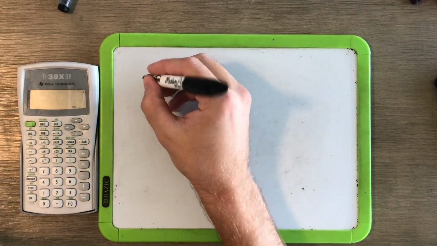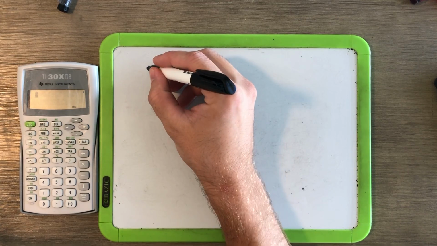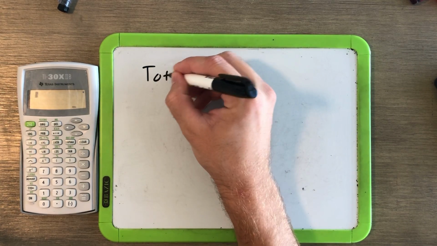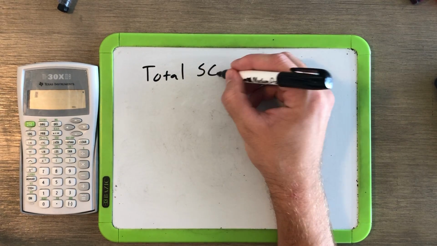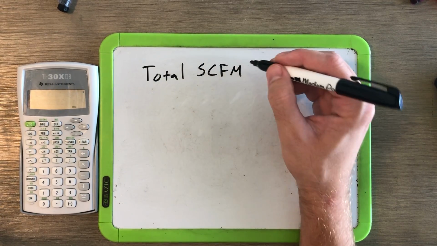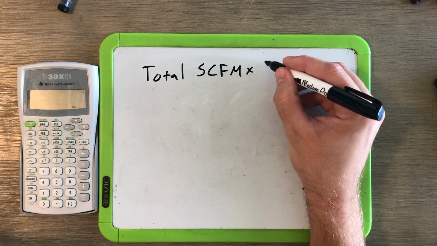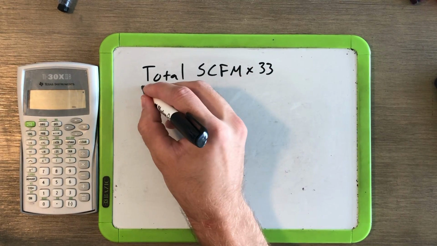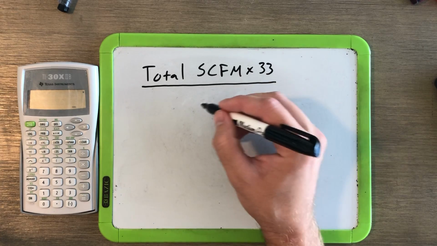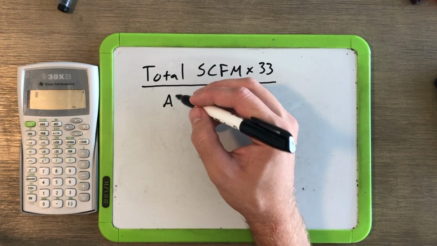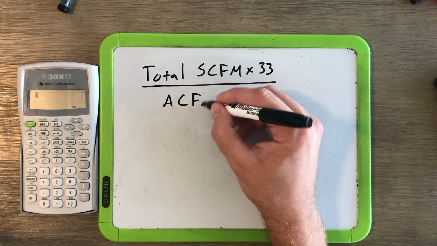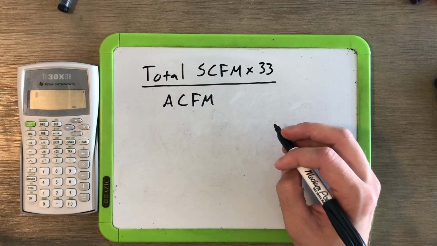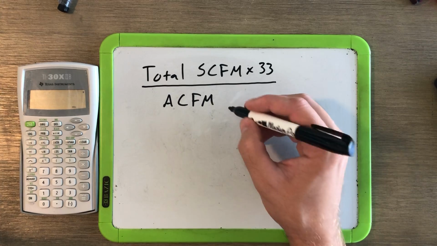All right, so this equation is going to be your total standard cubic feet a minute multiplied by 33, and that is going to be divided by the average consumption rate for each diver, and then multiplied.